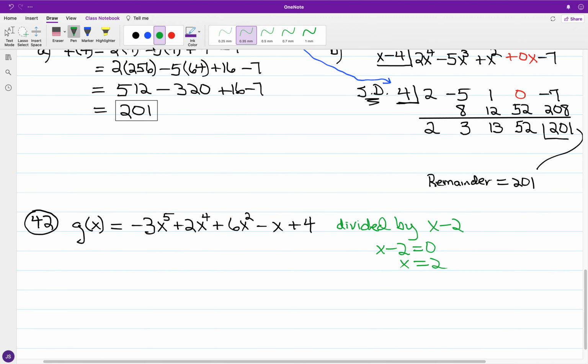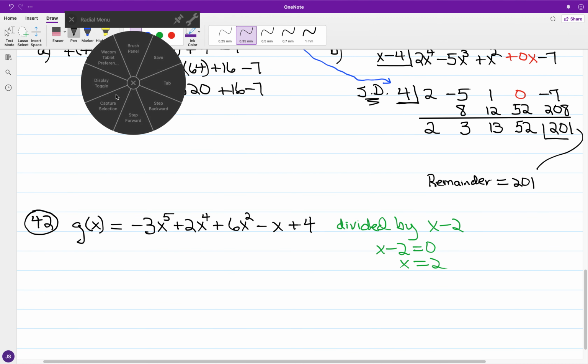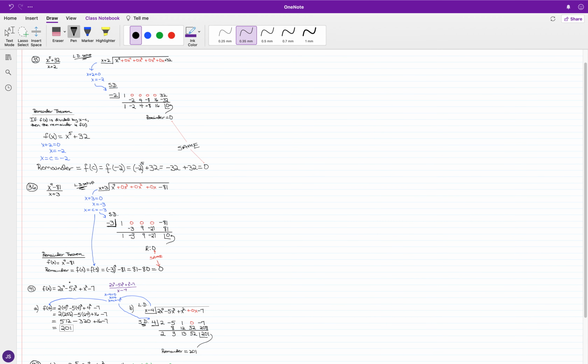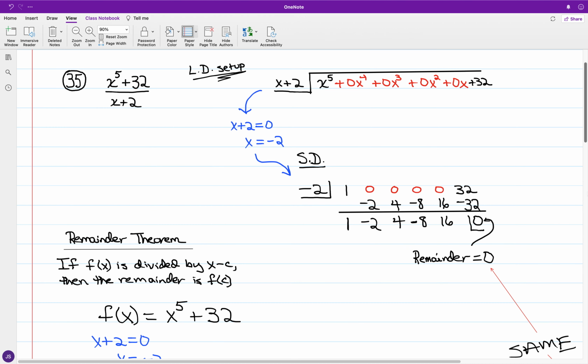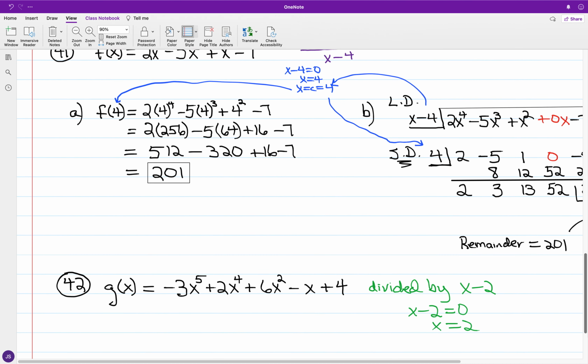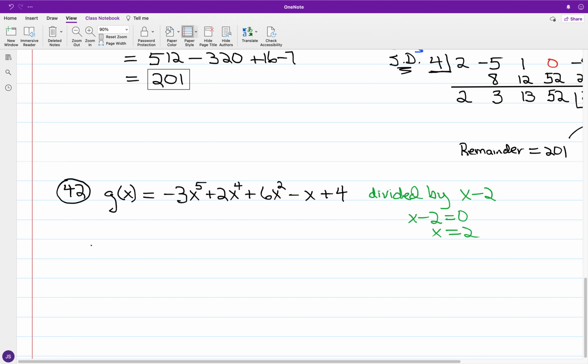All right, so looking at what we have for the first part with the remainder theorem, in the layout we have the remainder at g of 2.